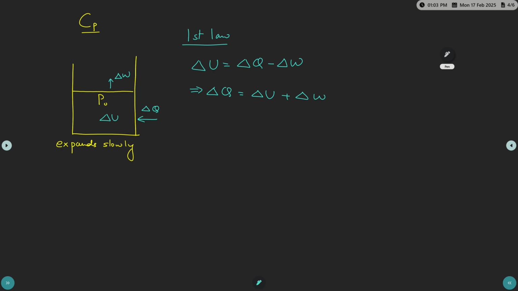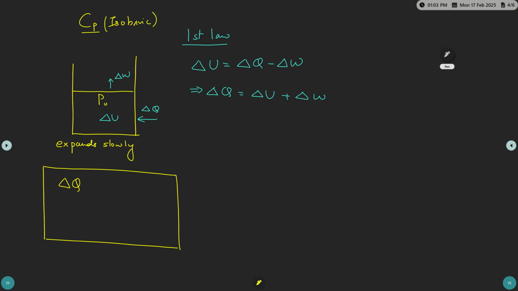Okay. So what you have to remember is specific heat talks about heat and change in temperature. The basic idea is the following: when you provide heat to this particular gas and it is undergoing an isobaric process, there will be a change in temperature of this gas and the change in temperature will be proportional to heat supplied.